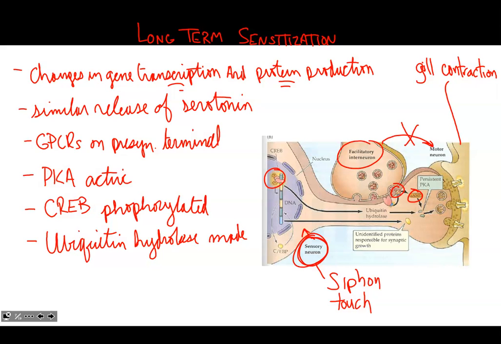Without PKA, there's no phosphorylated CREB. Without any phosphorylated CREB, the gene for ubiquitin hydrolase is inactive. But now this gene can be used to produce mRNA and produce a protein, right? The ubiquitin hydrolase protein. What the UH does is it degrades the regulatory subunit of PKA.